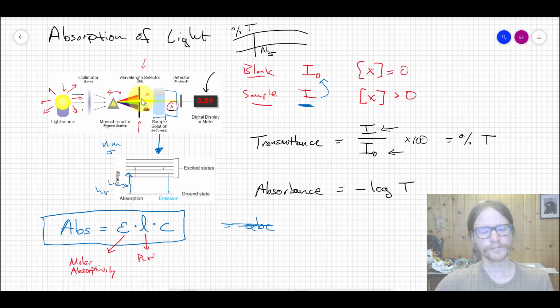L is our path length. Path length is simply the width of the sample solution that the photons are passing through. And so you'll know that what sets a cuvette apart from a test tube, even though they look the same, is that the cuvette is precision blown glassware.